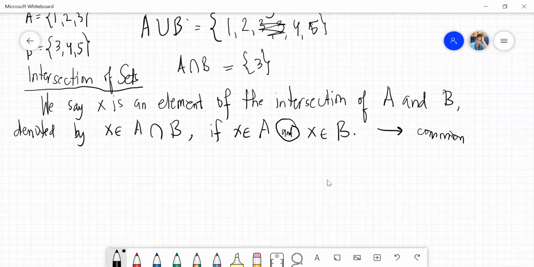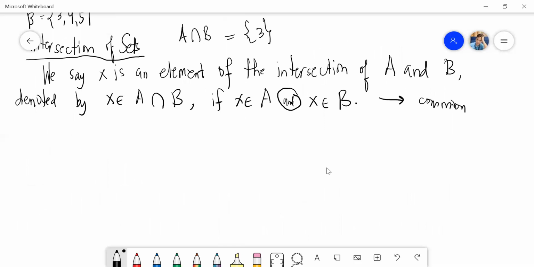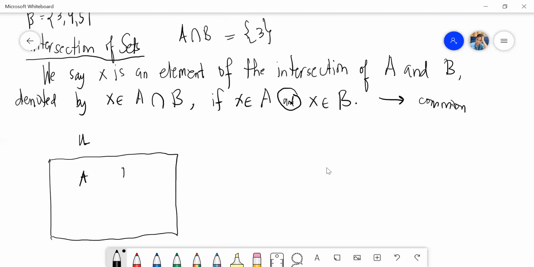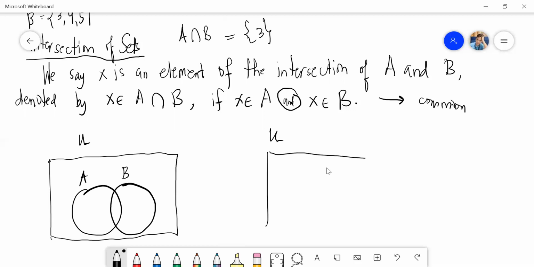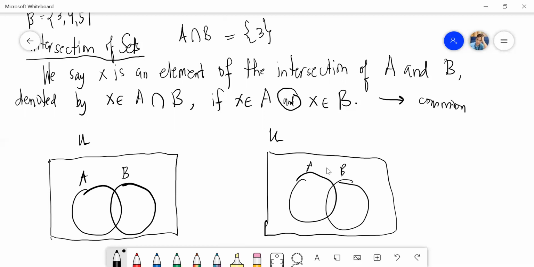Now to picture these things out, we will show the Venn diagram. Say you have a universal set, because again, the universal set is the superset of the given sets. Our given sets here are A and B. Suppose this is our A, this is our B. When we say the union, everything in A will be covered, and everything in B will be covered.